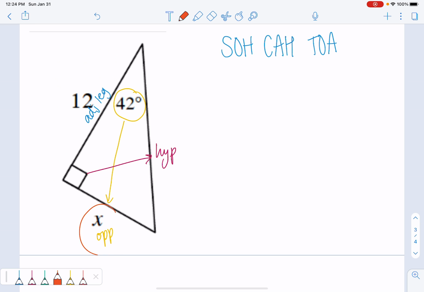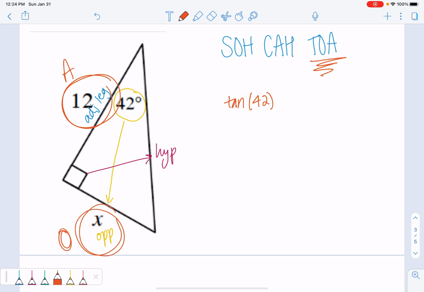So we have opposite and adjacent. OA, that's TOA, so tangent. 42 is our angle, equals opposite divided by adjacent. We multiply by 12 since we're dividing by 12. Both sides to keep it equal.